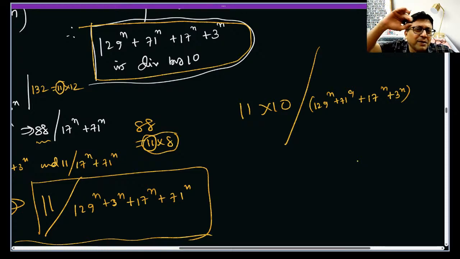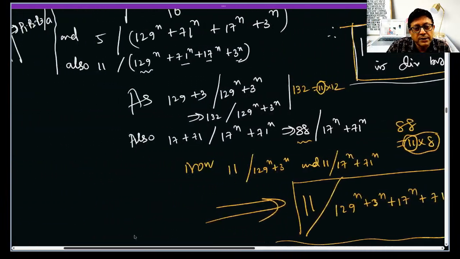Something like 331 to the power n plus 2021 to the power n plus 71 to the power n plus 5 to the power n divisible by 550. Something like that. May not be, just I am telling you an example. So we will be in trouble. What kind of question you are asking? Learn this, and from here you make sums yourself.